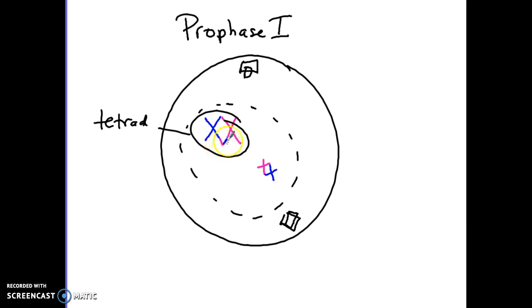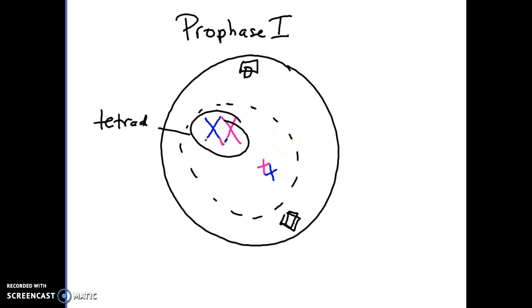So crossing over adds just a little bit of diversity, because if this sister chromatid were to go into an egg cell, it's now slightly different than this one, because you did a little swap. Remember, homologous chromosomes have the same genes but not the same variation. So maybe if this area on the chromosome was a gene for eye color, these 2 locations would be the same variation because they were once a part of a replicated chromosome.